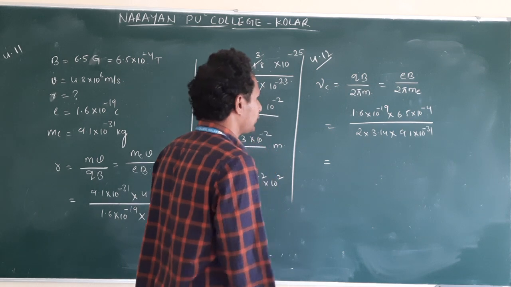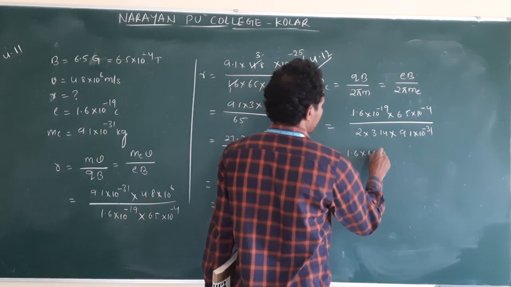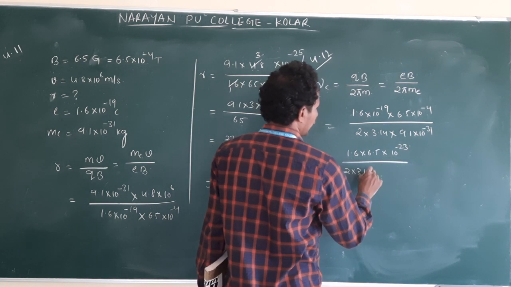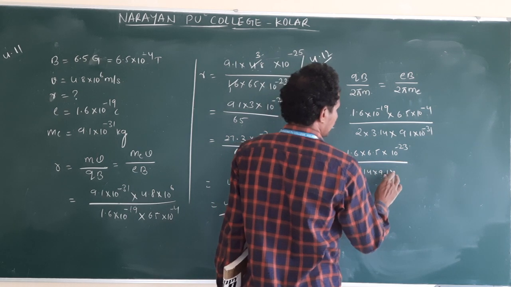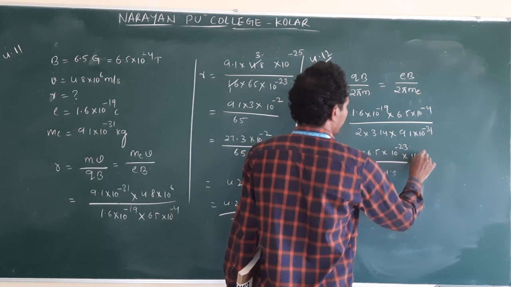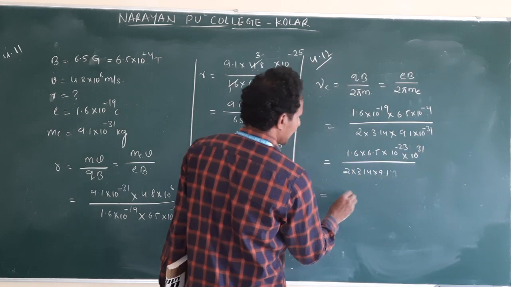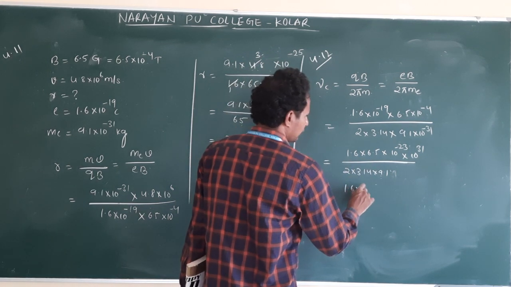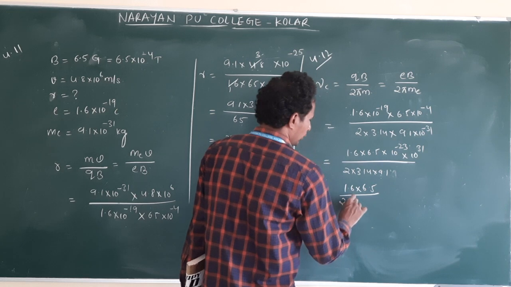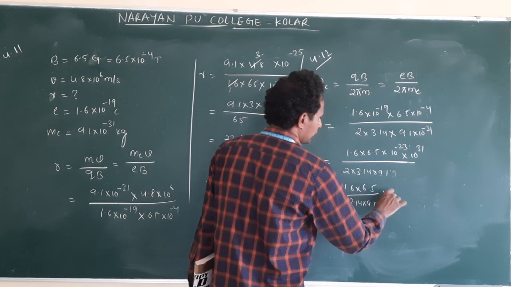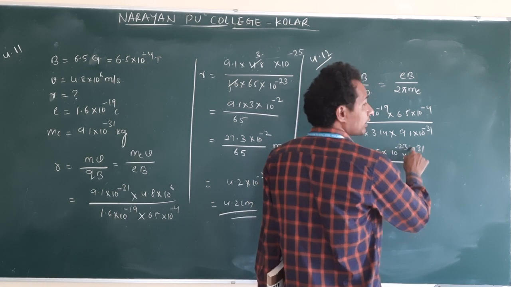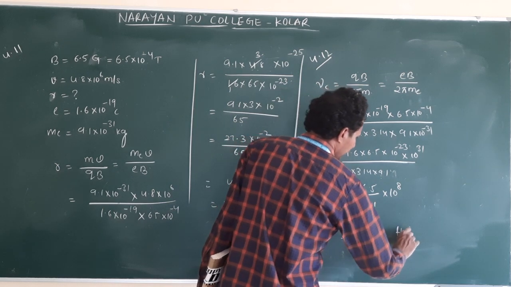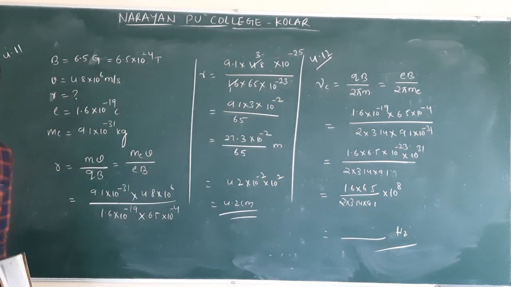First we will try to clear the powers. 1.6 into 6.5 into 10 power minus 23 by 2 into 3.14 into 9.1. This 10 power minus 31 goes up. Any cancellations possible? Okay, no problem, take it directly. 1.6 into 6.5 by 2 into 3.14 into 9.1, minus 23 plus 31, 10 power 8. Calculate this and write the answer in hertz, or per second. Clear?